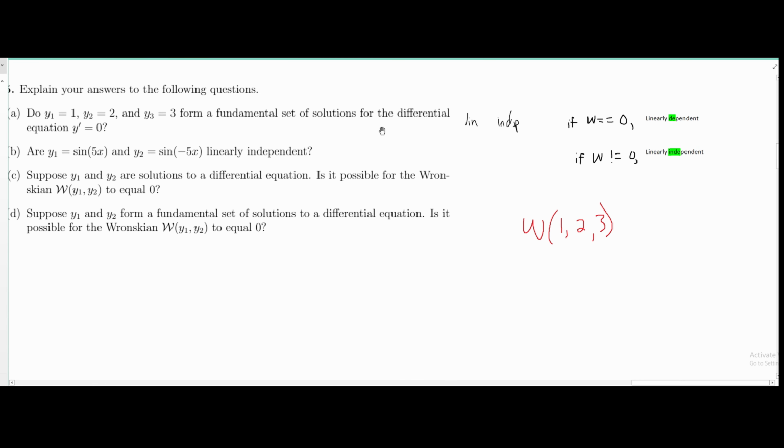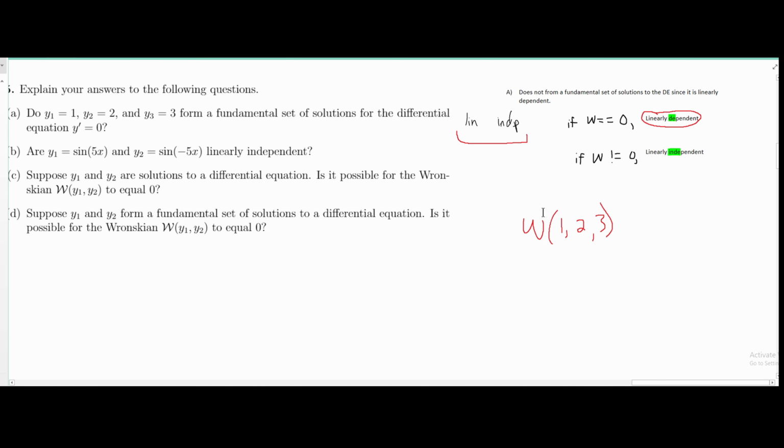And if it's all zeros added together, that means it's going to be linearly dependent. But we need this to be linearly independent to form a fundamental set of solutions to this differential equation. So this does not form a fundamental set of solutions for the differential equation. And that's how we would write it.